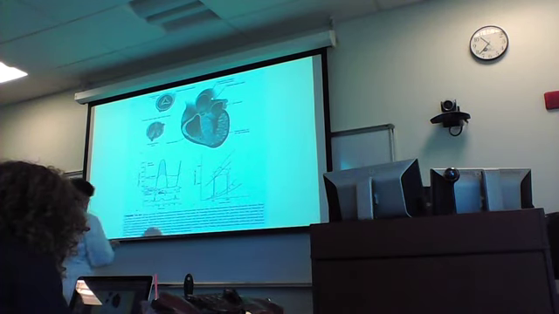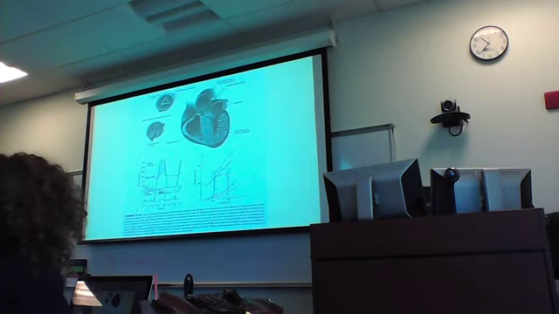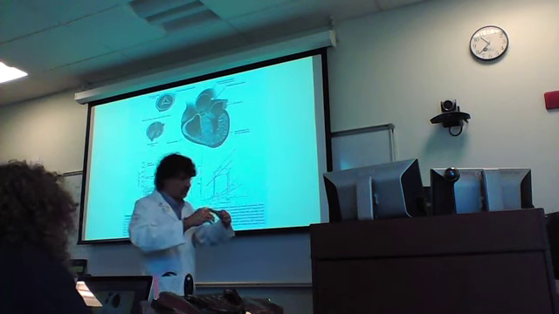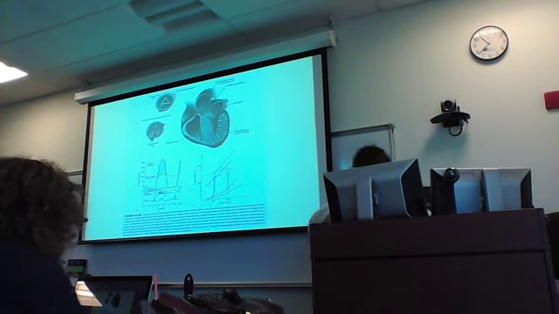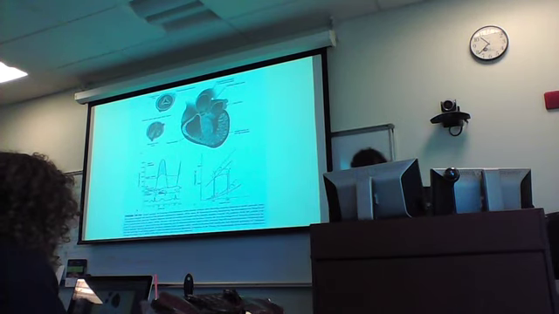So there's the P wave, there's the R wave. The PR interval is going to be one determinant of S2 intensity. Because what's going to happen is that as the PR interval changes, so let's think about what's happening.